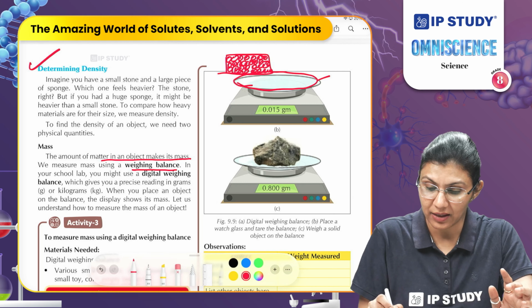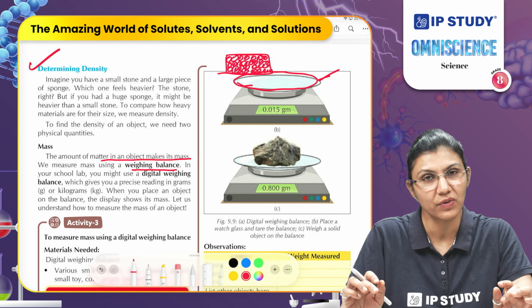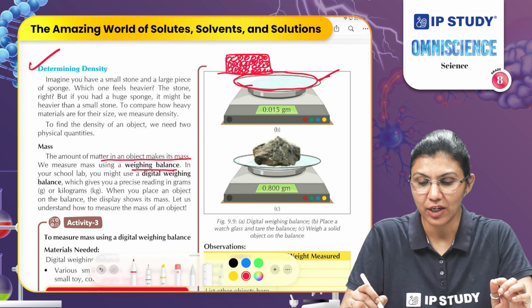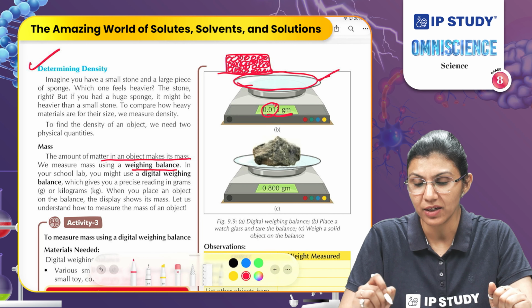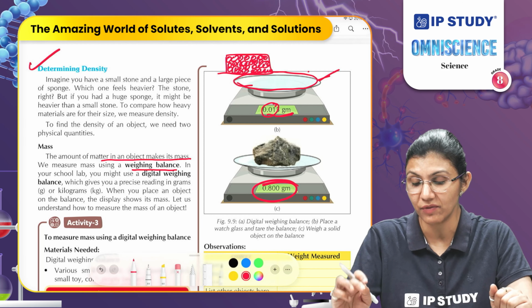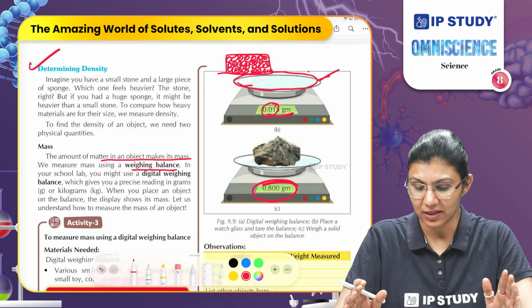So the reading which we are getting here is also including the mass of this dish. So to find out the accurate weight, what do we need to do? We need to balance it on the 0, or if we are starting it from there, we need to subtract this reading from the final reading so that we can get only the mass of the substance.